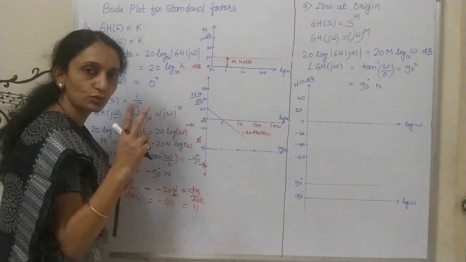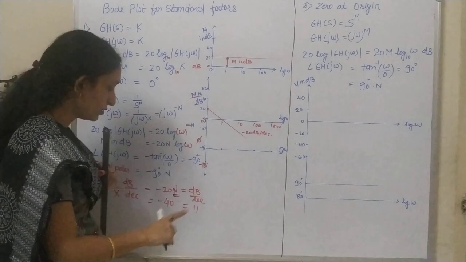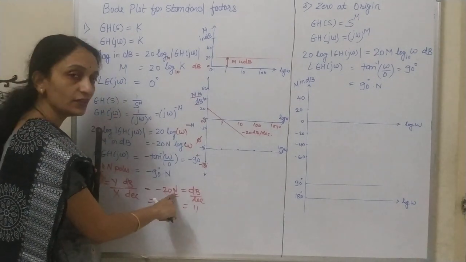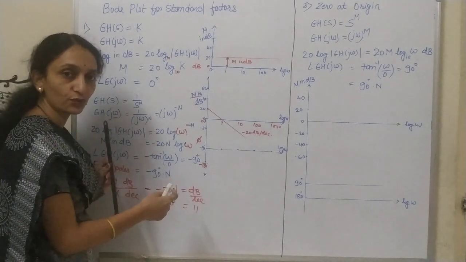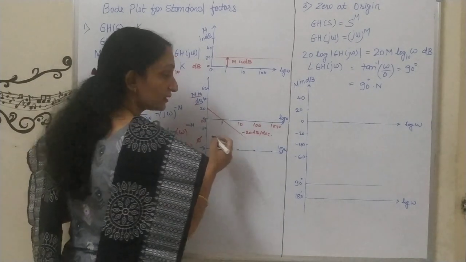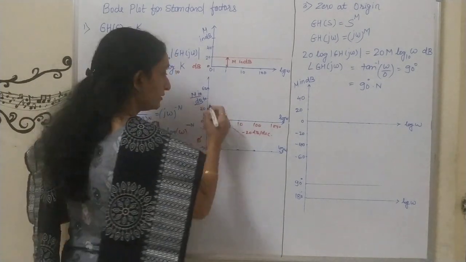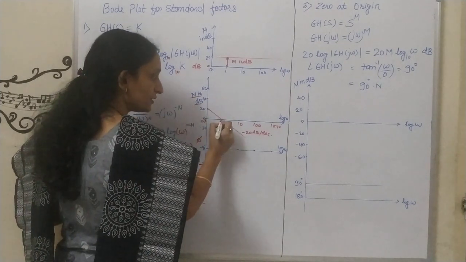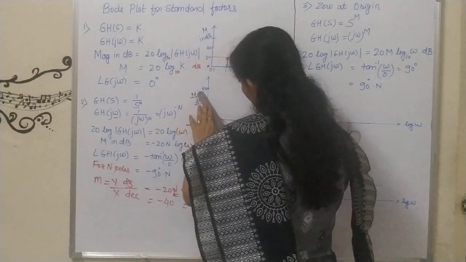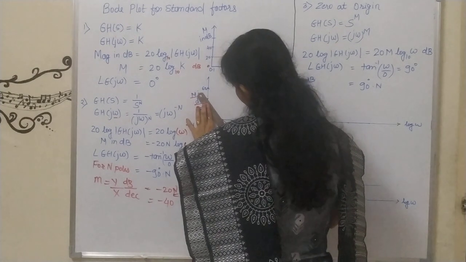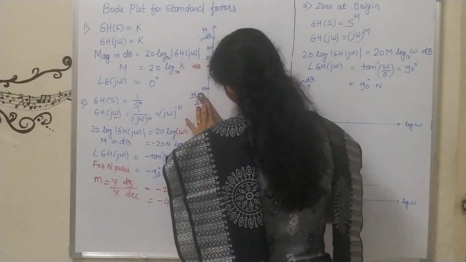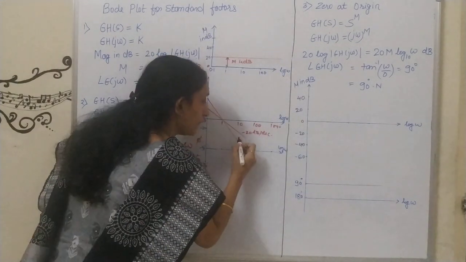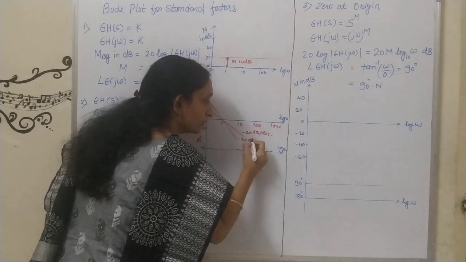Suppose two poles are there, n is equal to 2. You can check that minus 20 into 2 is minus 40 dB per decade. So how will I draw the line slope of minus 40 dB per decade? For that I will just join the points, that is this 40 and first decade. See how I am joining. So this will be my minus 40 dB per decade.